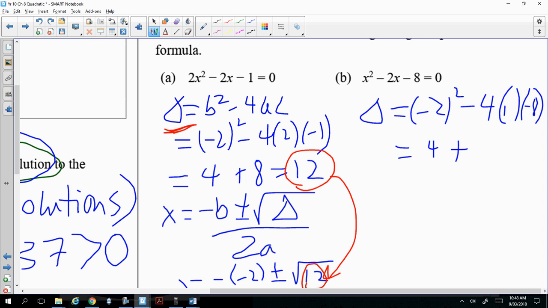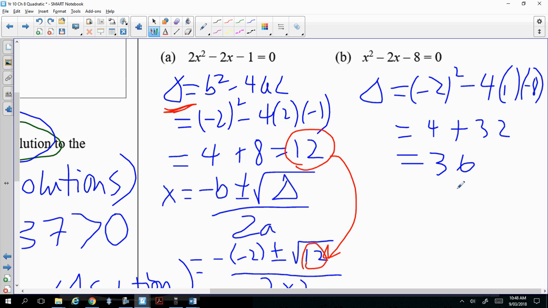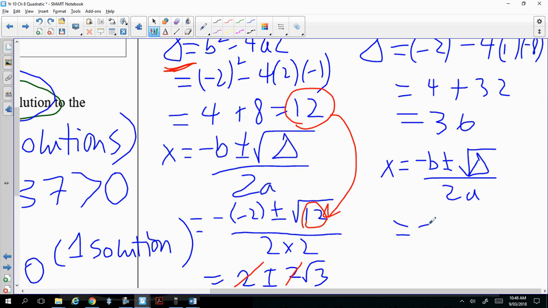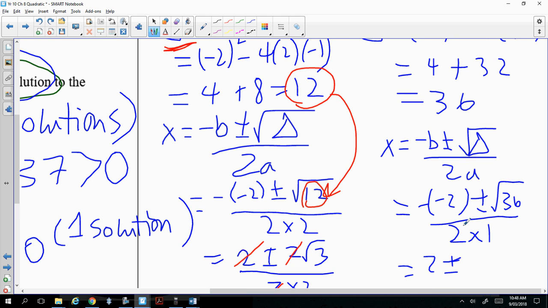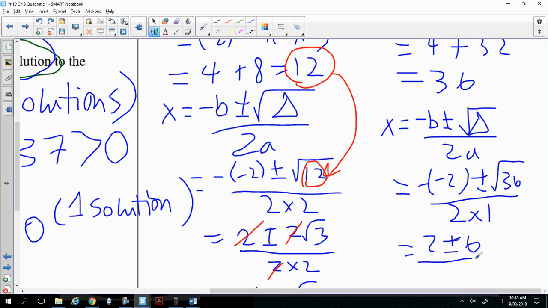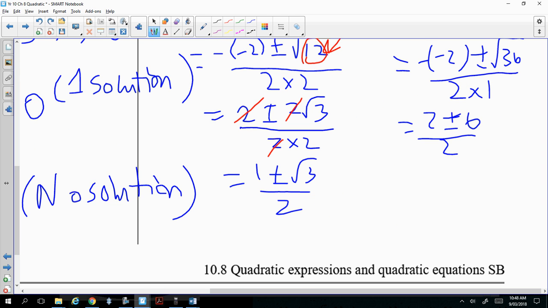And then when it's a perfect square, you get minus b plus or minus root discriminant over 2a, and that will be minus negative 2 plus or minus square root of 36 over 2 times 1. Root 36 is 6, so you get a whole number. So the answer is 2 plus 6 or 2 minus 6. 2 plus 6 is 8 over 2, which is 4, or negative 2.